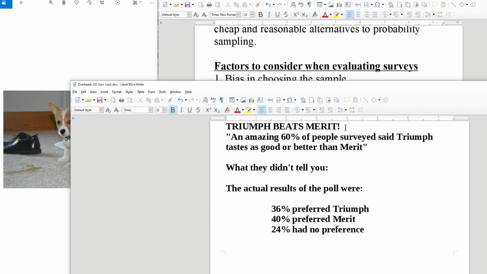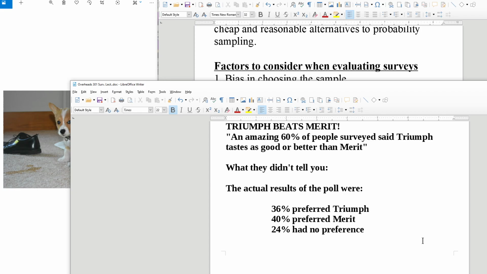So what they did was, an amazing 60% of people surveyed said Triumph tastes as good or better than Merit. They took the 24% who had no preference and added them on to the 36% who preferred Triumph. They're saying the ones with no preference think it's as good as Merit. So that would be 60% said Triumph is as good or better than Merit. So really sleazy way to present this material.